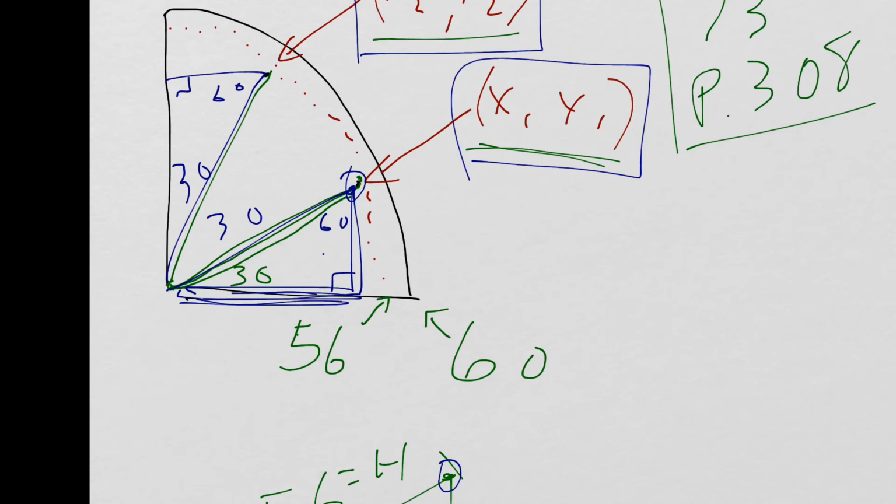So if I look at this length, that should be the same as this length. This is in the x direction. This is in the y direction. Okay? This length should be the same as this length. This is in the y direction. This is in the x direction.